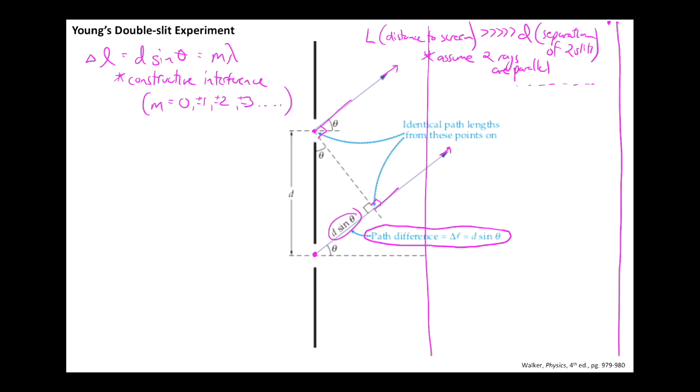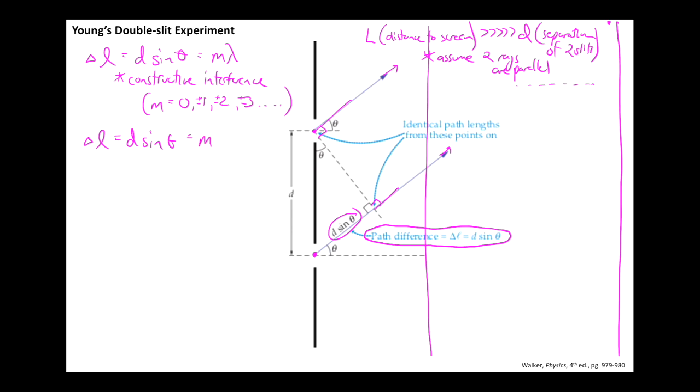If the difference is off by half a wavelength, so if I have half wavelength multiples, then we're going to get destructive interference, and we've already seen how we can write that. So delta L equals d sine theta. Again, that part is for this physical experiment. If this is equal to, what's the best way to write this?